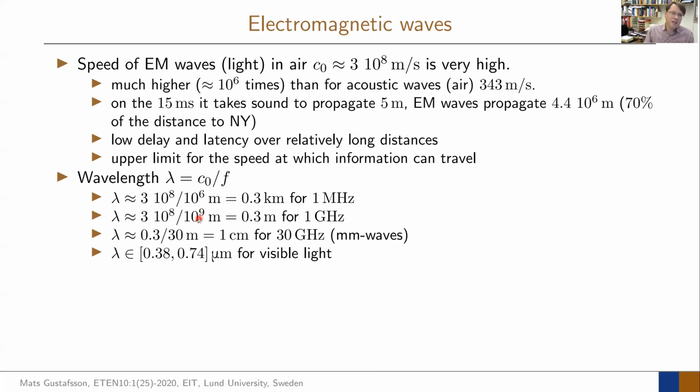If you instead learn by heart that 1 gigahertz is 0.3 meters, and you start asking, okay, what is the wavelength for 30 gigahertz? How do you calculate that? You don't put it into this formula here. You just take your 0.3 meters and divide it by 30. So much, much simpler in these cases.